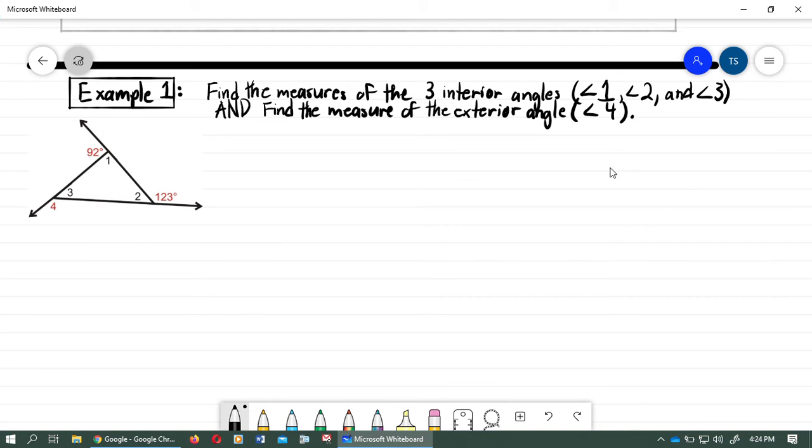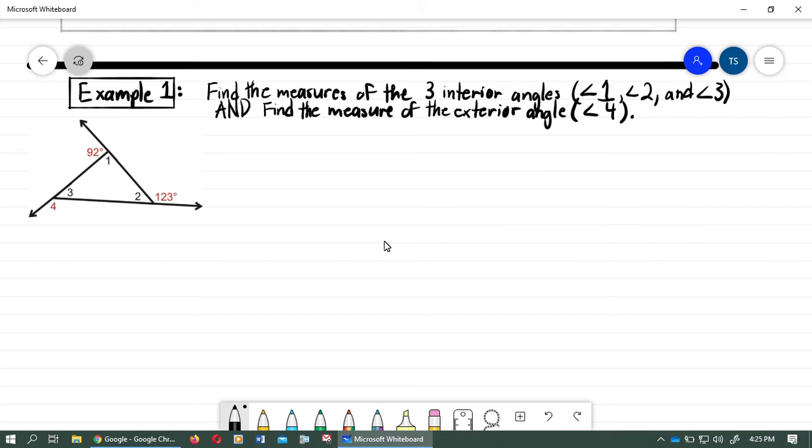Okay, so folks, let's go ahead and look here at these examples. Let's start with example 1. For example 1 here, we've got this diagram right here, and they say find the measures of the 3 interior angles, and of course they're talking about angle 1, angle 2, and angle 3.